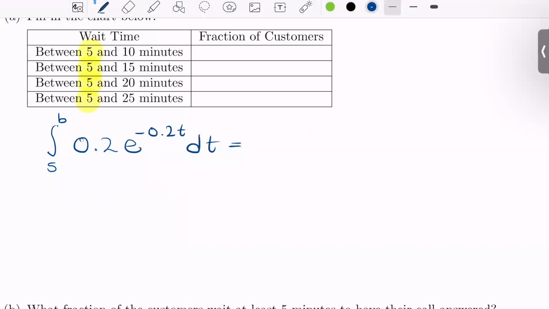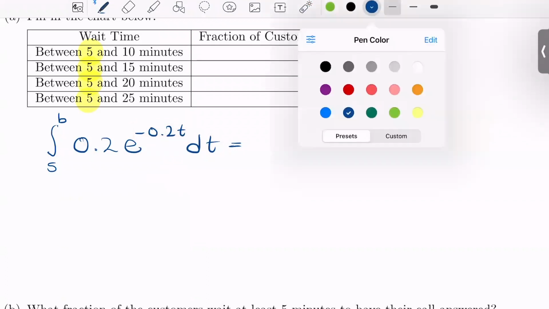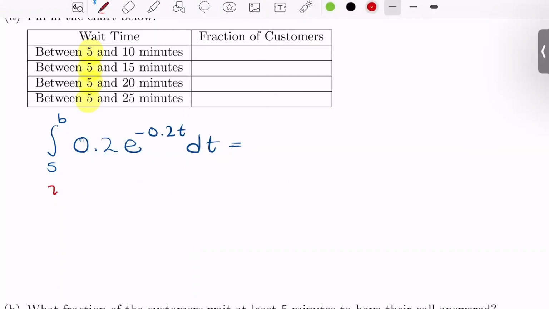The main form of our integrand here has e to a power, but it's not a nice power. We have a negative 0.2 t in there, so we need to make a u substitution. So let's let u equal negative 0.2 t. Then du is going to be equal to negative 0.2 dt.